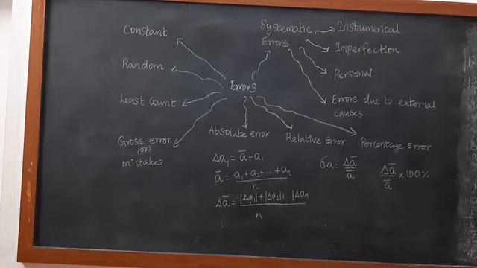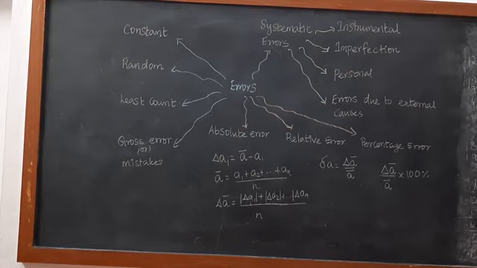The next one is personal error. What is personal error? It arises due to individual bias, lack of proper setting of apparatus, or individual carelessness in taking observations. Suppose you are measuring with a vernier caliper or screw gauge: your eye should be exactly straight to the reading. If you are inclined, that will give some personal error. How can we avoid these personal errors?